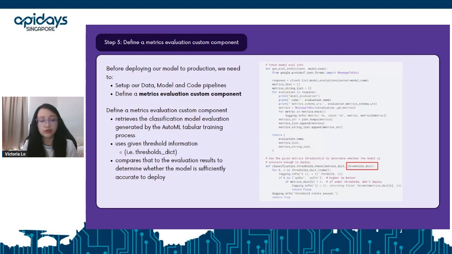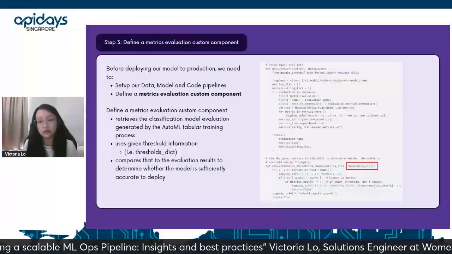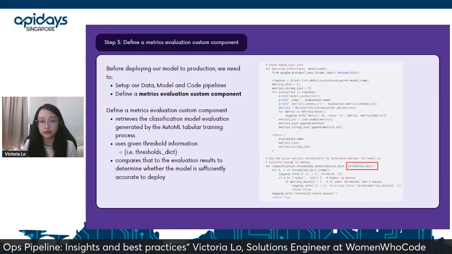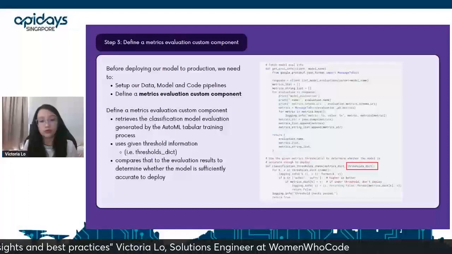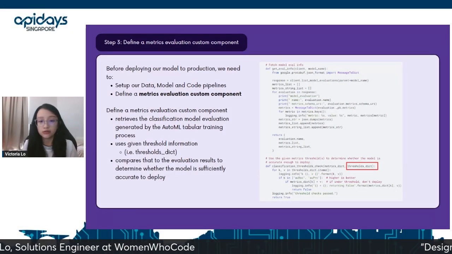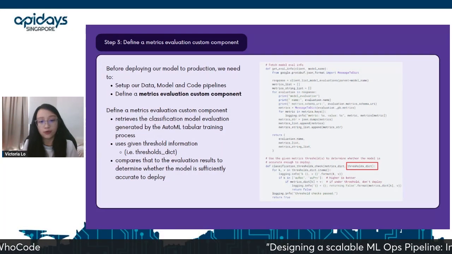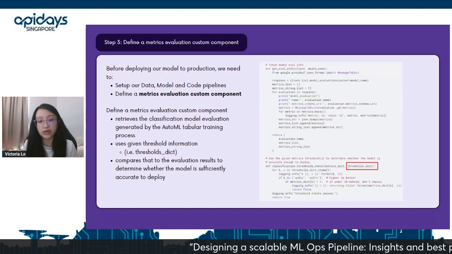For this next step, once you have a model ready and trained, before we deploy it to production, we first need a metrics evaluation custom component. This part is where the ML ops starts to come in. We want a conditional statement to determine whether or not the model trained in step two is good enough for deployment. So we would have a threshold.